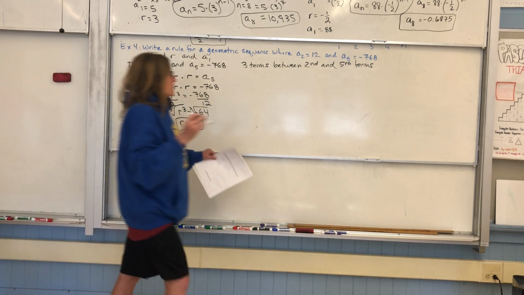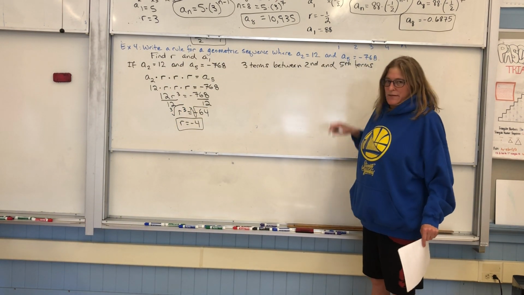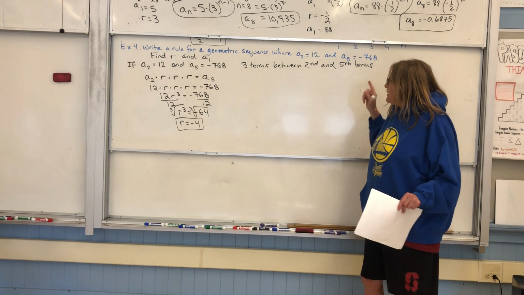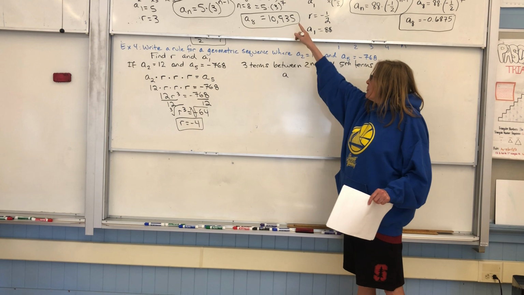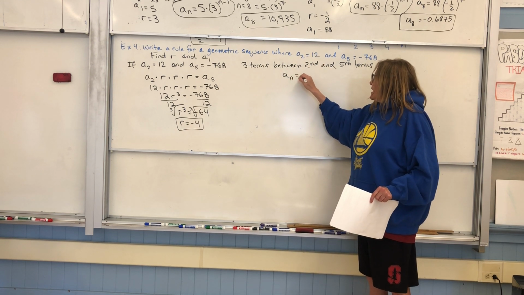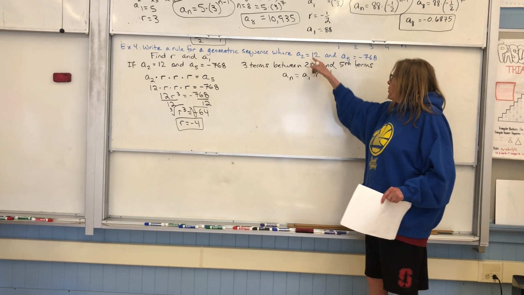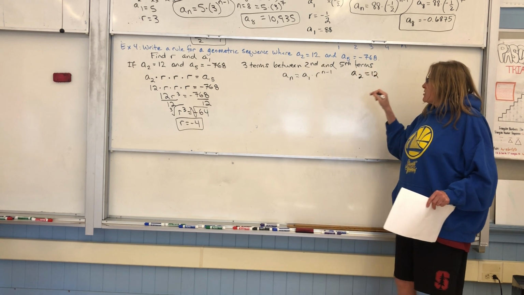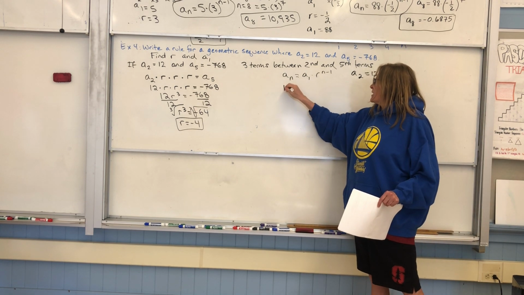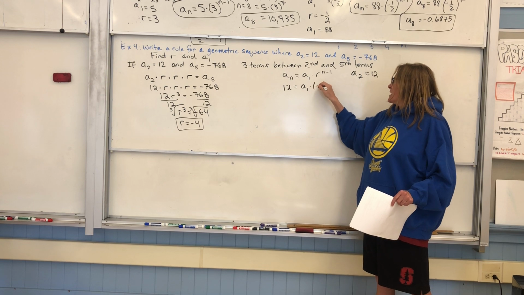Okay, A1, you may notice, if R is negative 4, all I need to do to find A1 is divide it by negative 4, right? So you can do it that way. Or we can do the same thing we did up here and use one of our terms. A2 equals 12, so I'm going to put 12 right in here. I'm going to have A1. We know R is now negative 4.